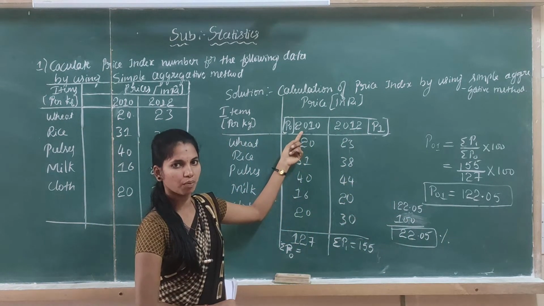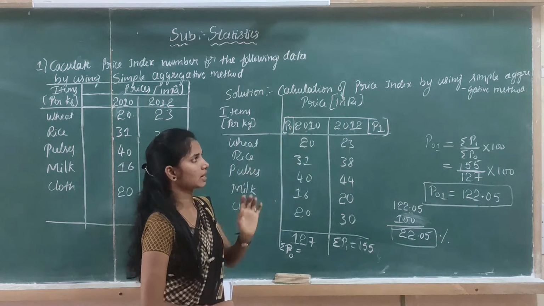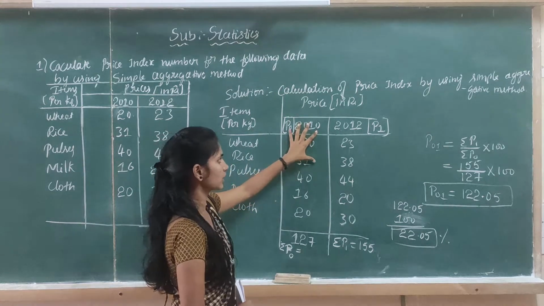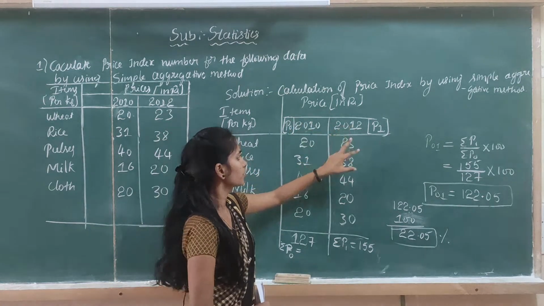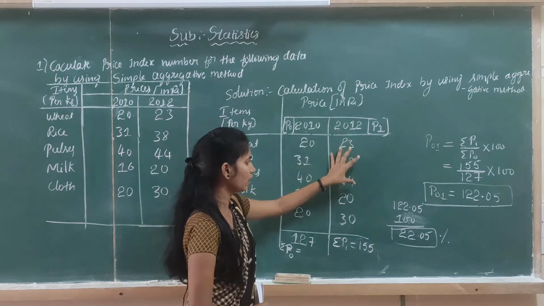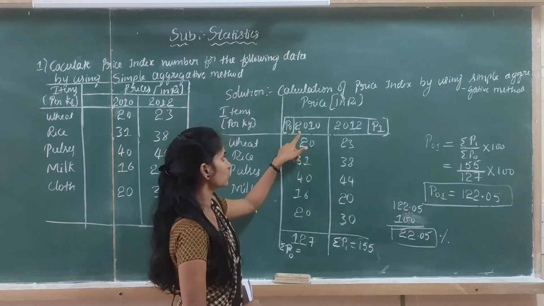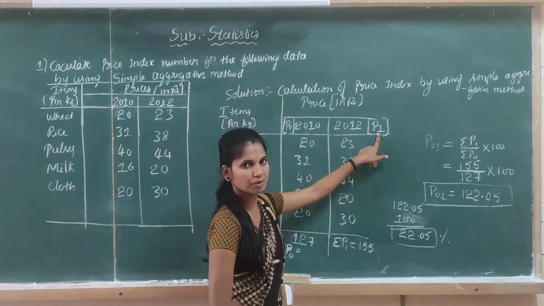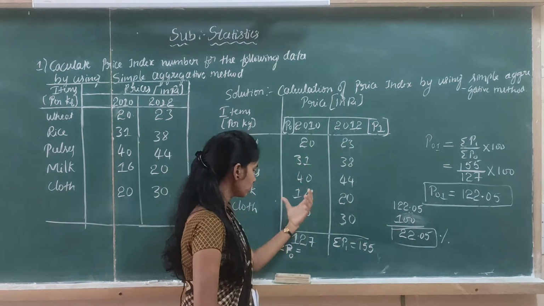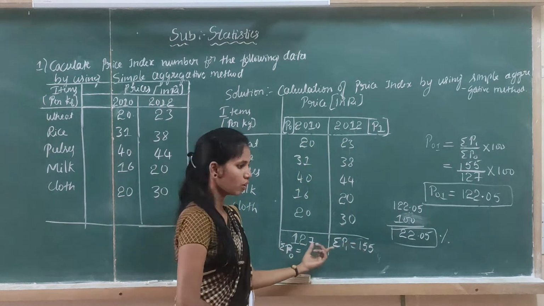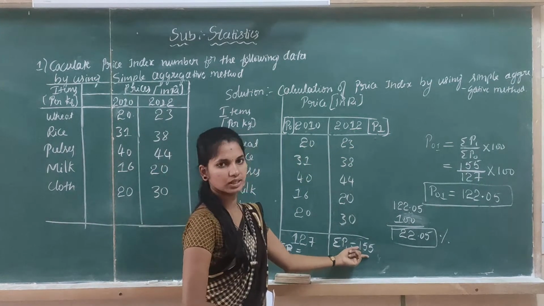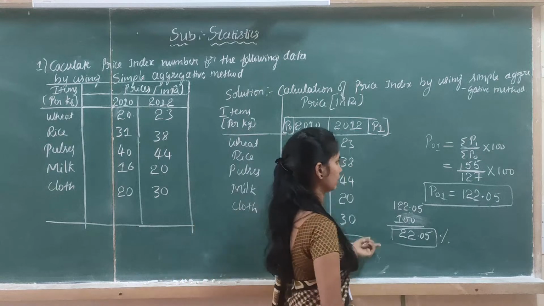This is the problem related to the simple aggregative method. Once more I will explain: here 2010 is considered as P0 and 2012 is considered as P1. Add both sets of values: 127 is summation P0 and summation P1 is 155.